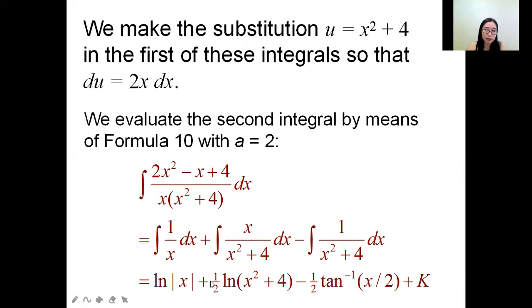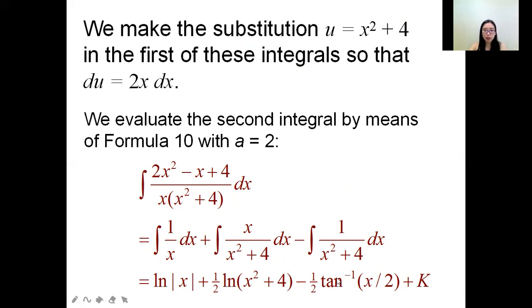Therefore, our final answer is, since we split x minus 1 over (x squared plus 4) into two terms, x over (x squared plus 4) and negative 1 over (x squared plus 4), we perform the integral process. Now we have ln absolute value of x plus 1/2 ln quantity (x squared plus 4) minus 1/2 inverse tangent of x over 2 plus k.